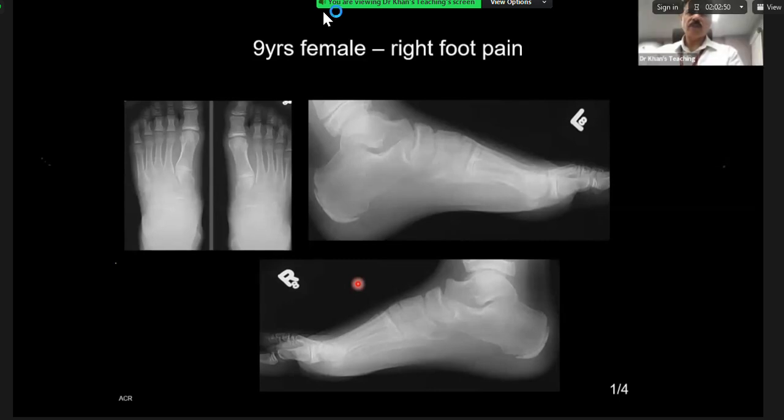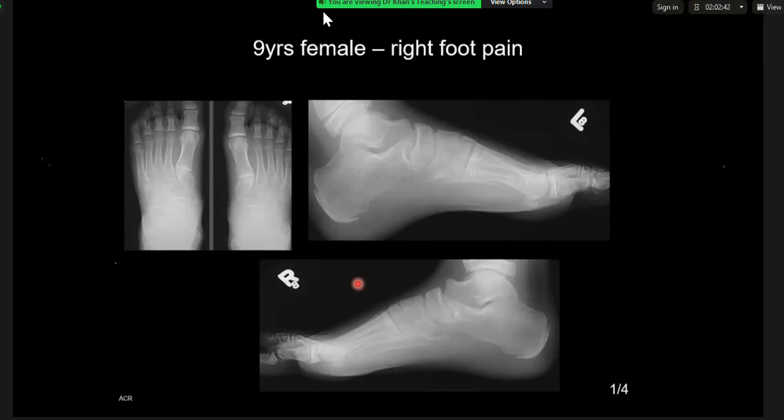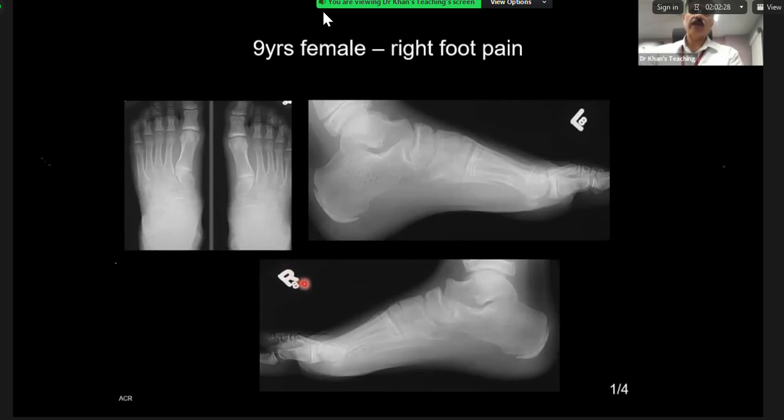What kind of view can help you further? I would have wanted to see the AP in closer. AP is normal, as I've shown you. AP was not helpful.